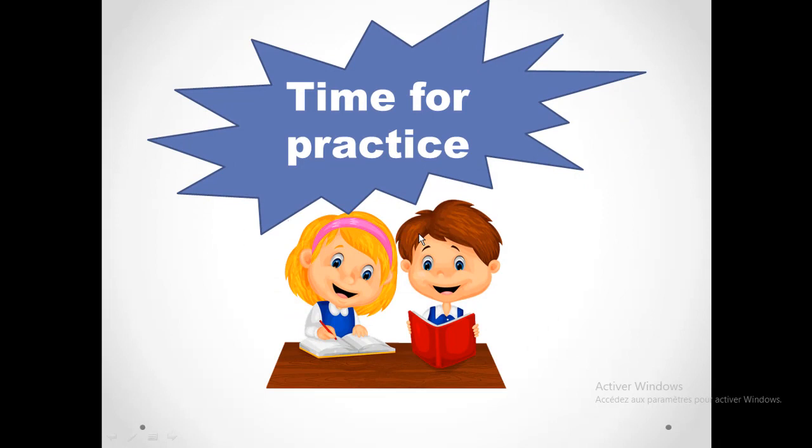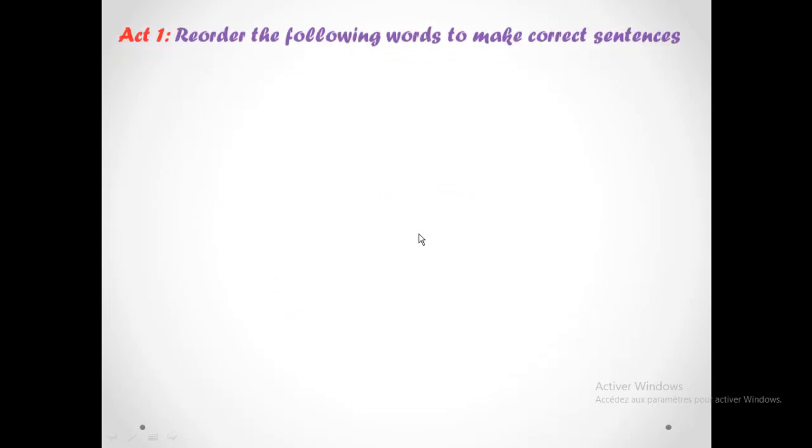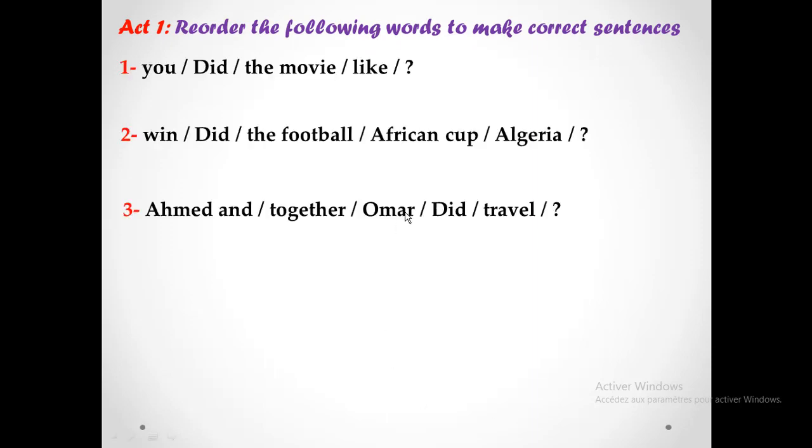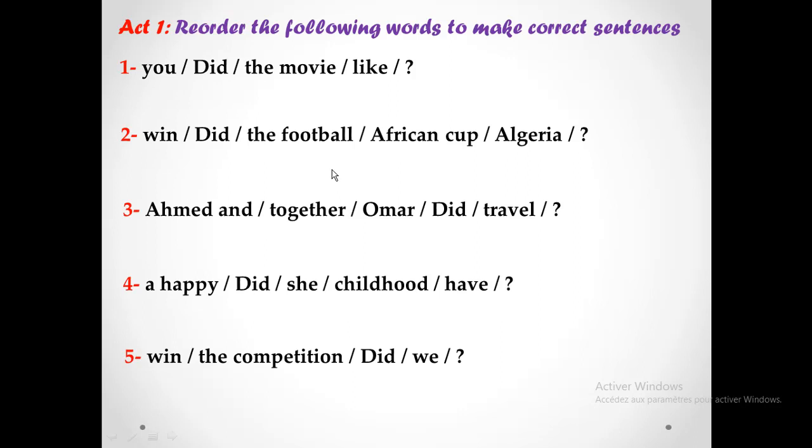Time for a practice. Activity 1. Reorder the following words to make a correct sentence. So you are going to have 5 sentences and you reorder them correctly and be careful to the punctuation. علامة الوقف. Pause the video, do the activity, and we are going to correct later.